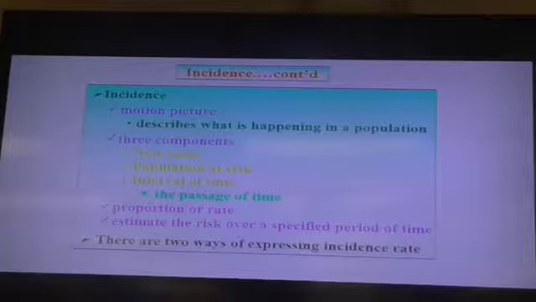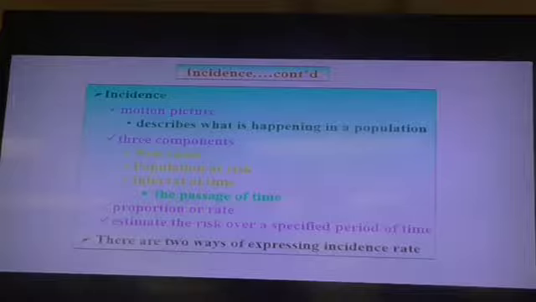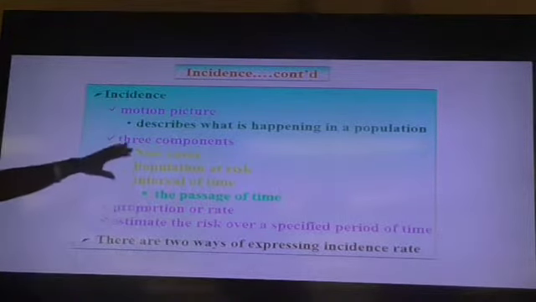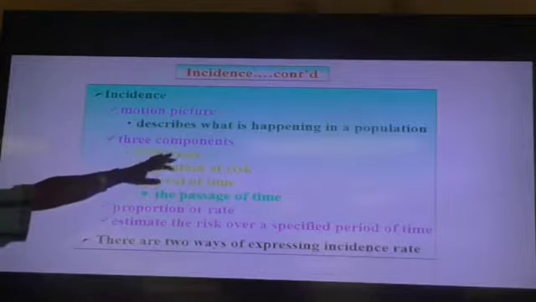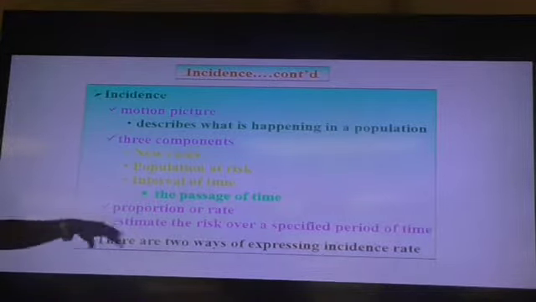So again, as opposed to prevalence, which you said the other day, it's like a still life picture. Incidence is what? Like a motion picture, because it describes what is happening in a population. As I indicated initially, there are three components. Cases have to be new, population has to be at risk, and then time has to pass.